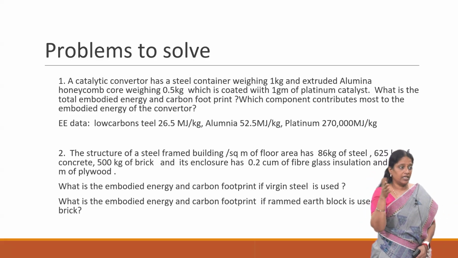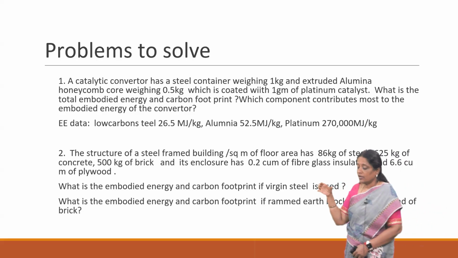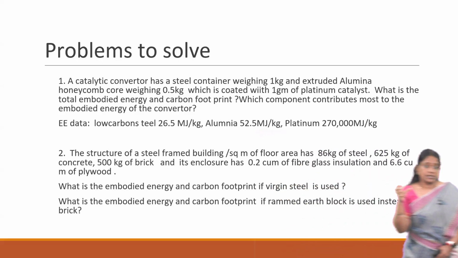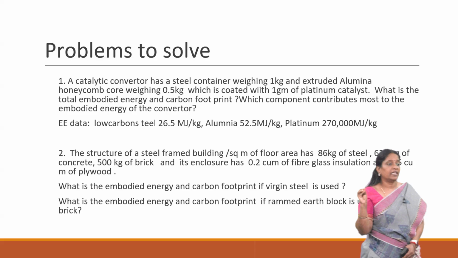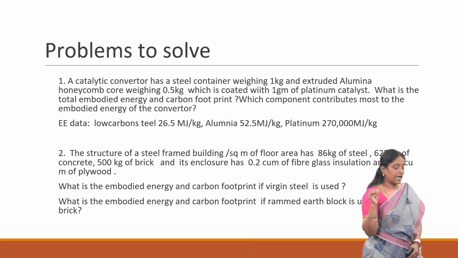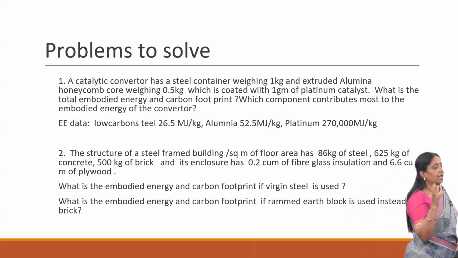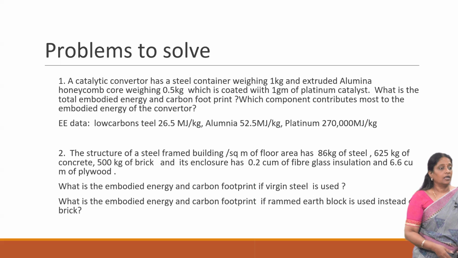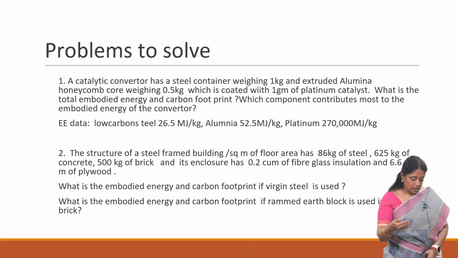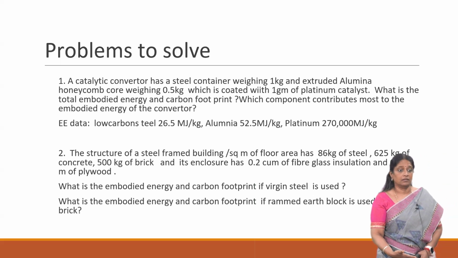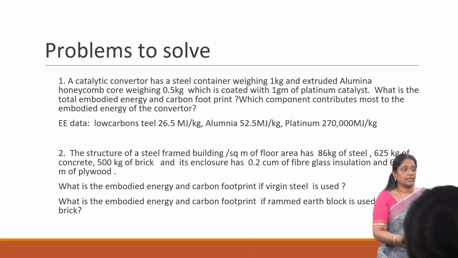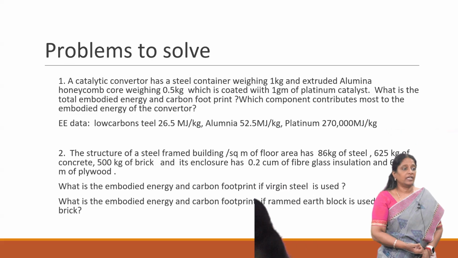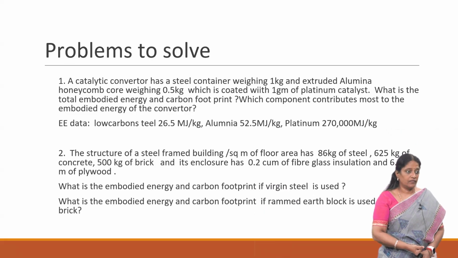For now, we are only going to look at materials. So much material goes into making this catalytic converter. What is the embodied energy of just the materials part? We can add more to this, we may not have time now, but there is data available. At the material extraction stage, what is the embodied energy of this catalytic converter?